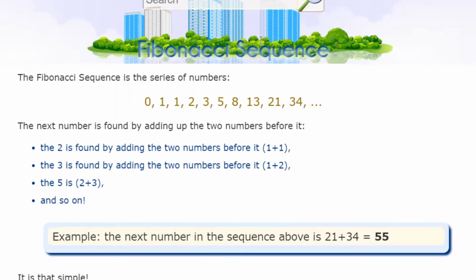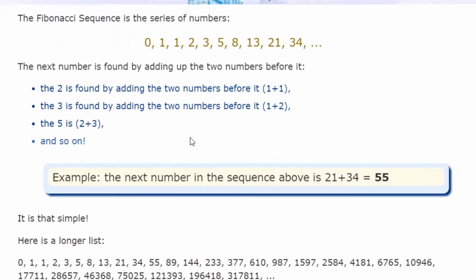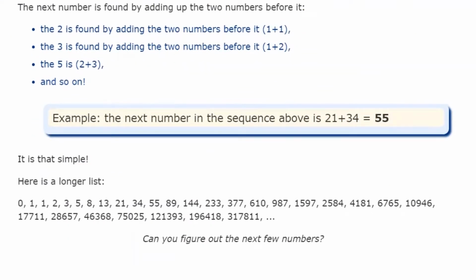So we can carry out this experiment and you realize that we will get a long list of numbers, which will start off with 0, 1, 1, 2, 3, 5, 8, 13, 21, 34, 55, 89, 144, 233, 377, 610, 987, 1597, 2584, 4181, 6765, and so forth.